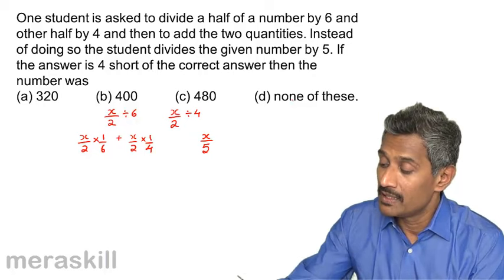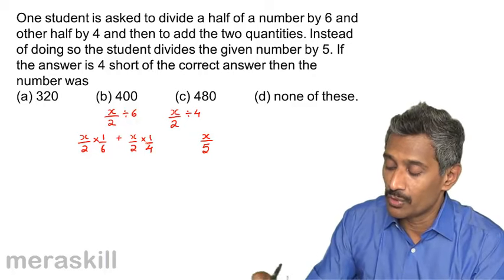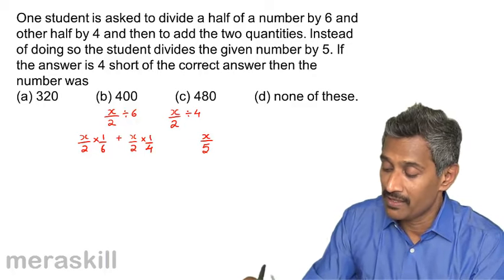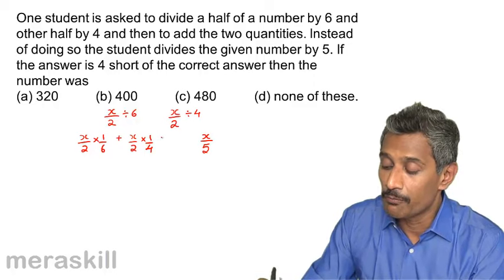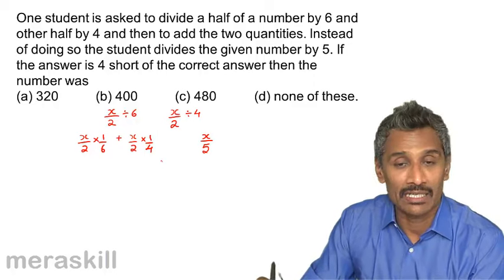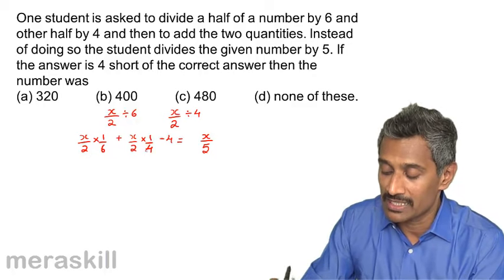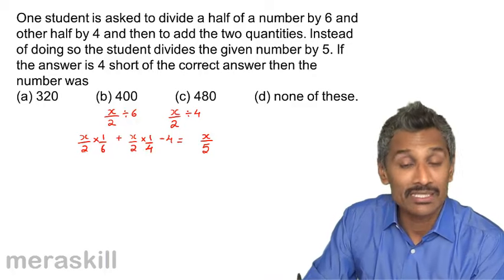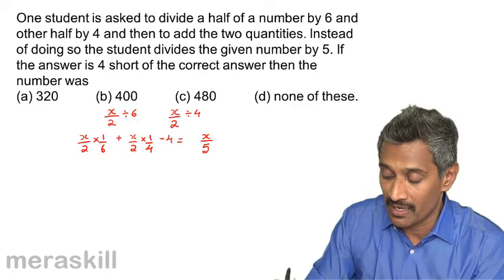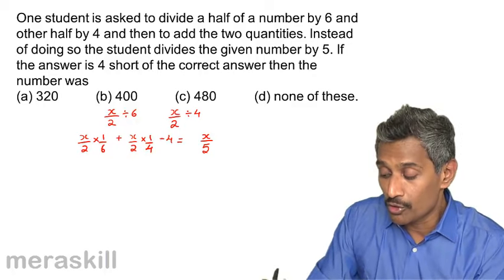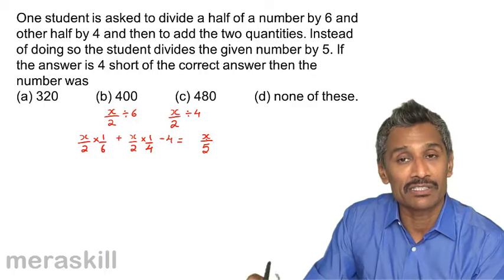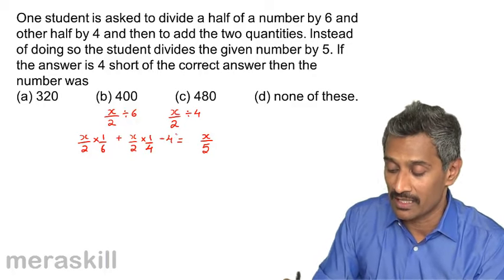This answer is 4 short of the correct answer. So the correct answer is 1/6 of half and 1/4 of half, and 4 short of this is x by 5, which is the wrong answer.